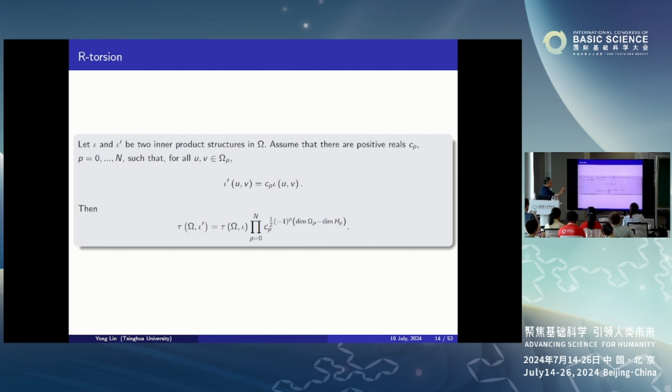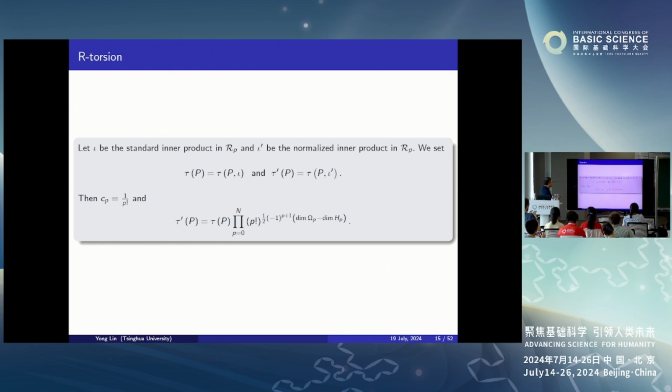We will use this formula later. For example, we have the standard inner product and the normalized inner product. This means Cp is 1 over p. So we get these two relations of the torsions.